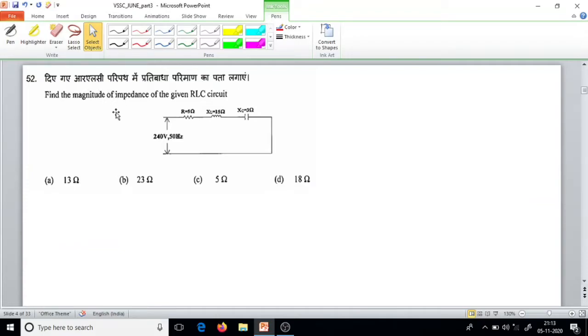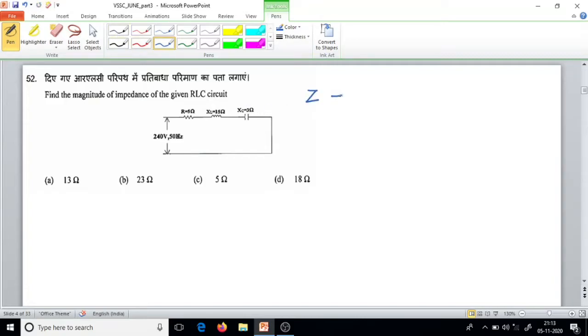Next question 52. Find the magnitude of impedance of the given RLC circuit. So this is a series RLC circuit. Here we have to find the impedance.